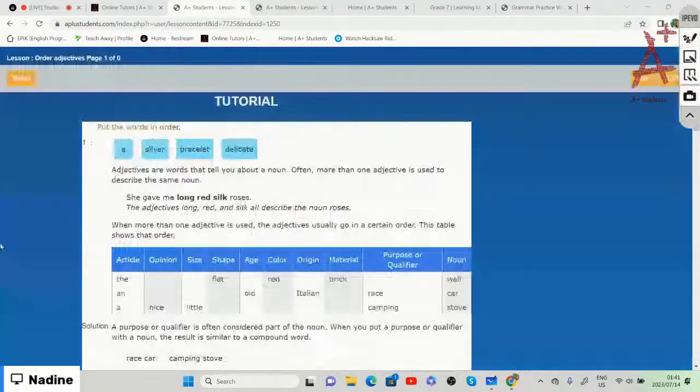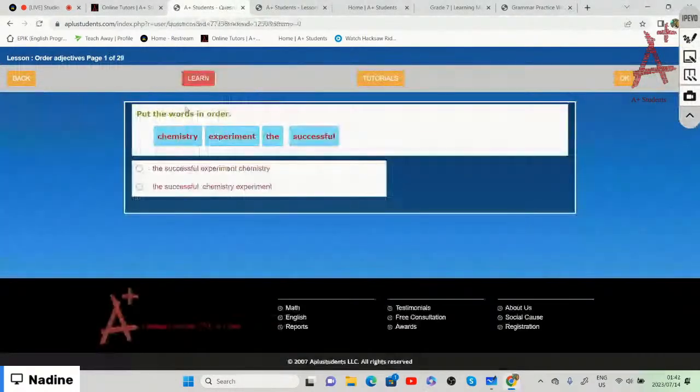Let us go to the test to see if we will be able to put the adjectives in order. We need to put the words in order. We have chemistry, experiment, the successful. So is it the successful experiment chemistry or the successful chemistry experiment? We need to put it in order.